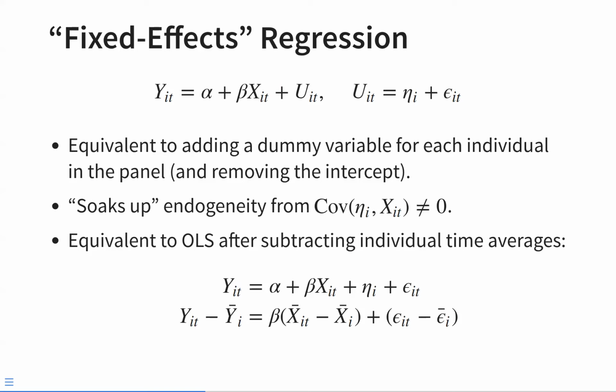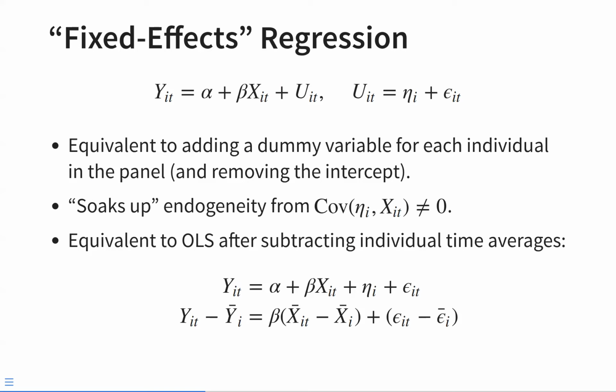So what do I mean there? Well, we start with this model y_it equals alpha plus beta x_it plus eta i plus epsilon_it. Then if we define y bar i to be the average value of y for person i, averaged over all time periods, and proceed similarly for x bar i and epsilon bar i, then we can write a regression model, y_it minus y bar i, and we will see that that model eliminates eta i.